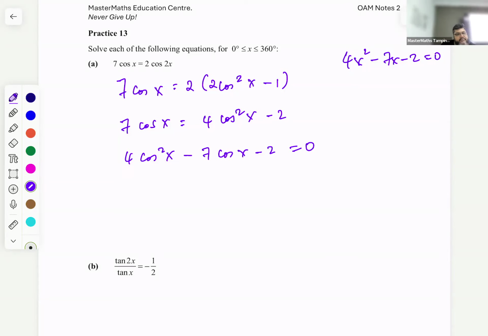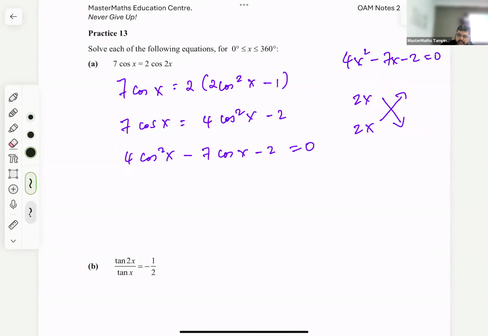Now this one will be what? Not 2x, it should be 4x and x. So you have 2 times 1, so you get 8x and you have x.